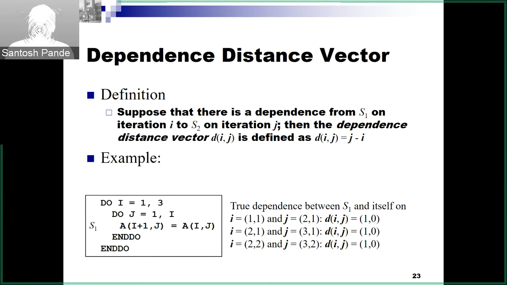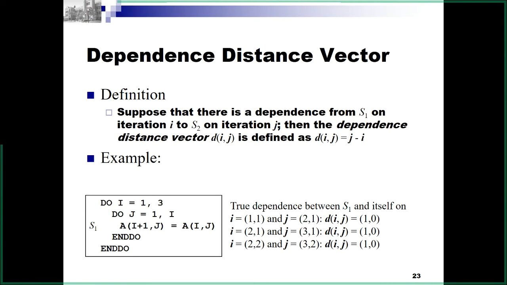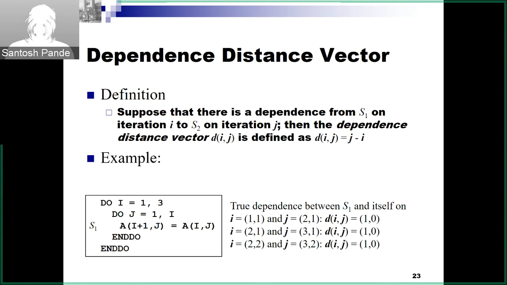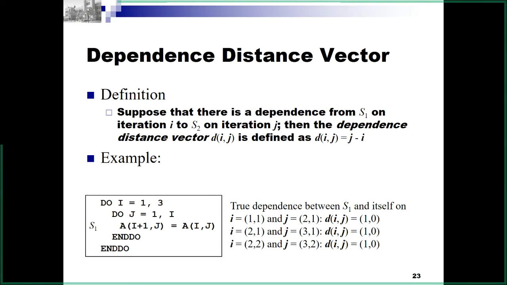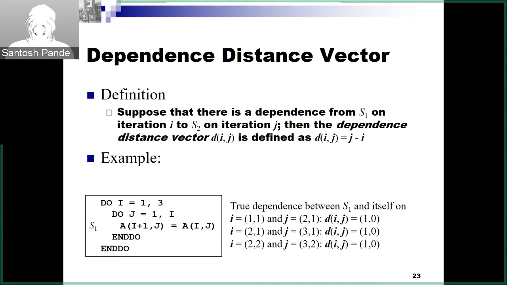And having this one iteration apart inner loop between the generation and consumption, we can keep this value in a register and therefore take advantage of the true data, and we can save memory accesses there.